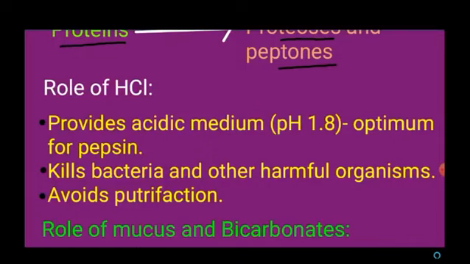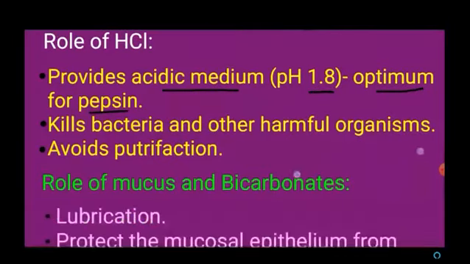Now we are going to see about the role of hydrochloric acid. Hydrochloric acid provides an acidic medium. The pH is about 1.8, which is the optimum pH for the action of pepsin. Also, the hydrochloric acid kills bacteria and other harmful organisms which are ingested along with the food material.